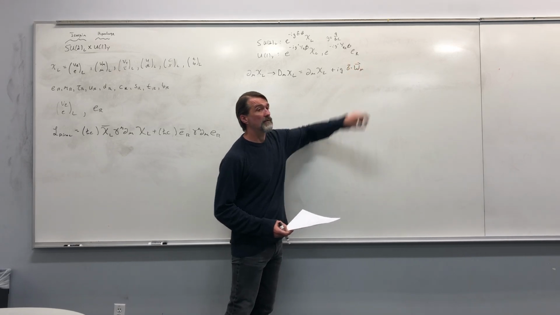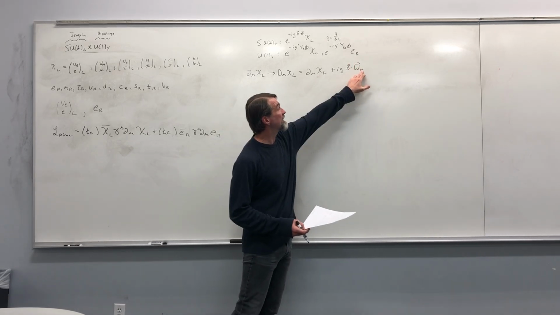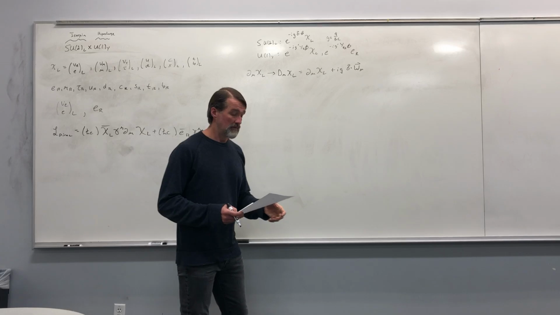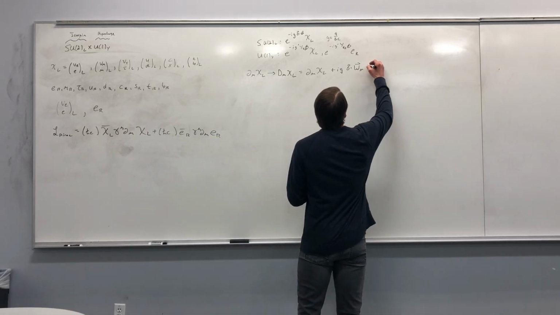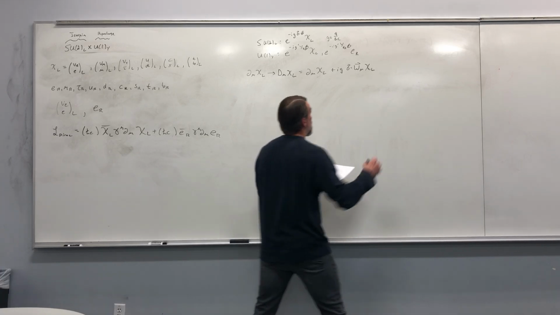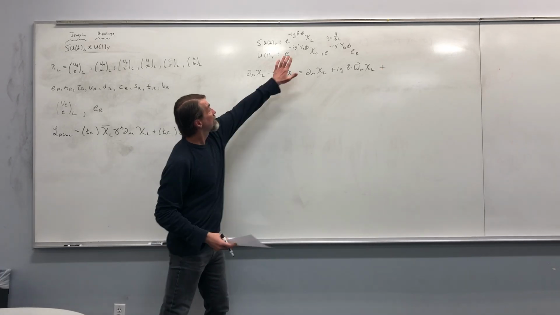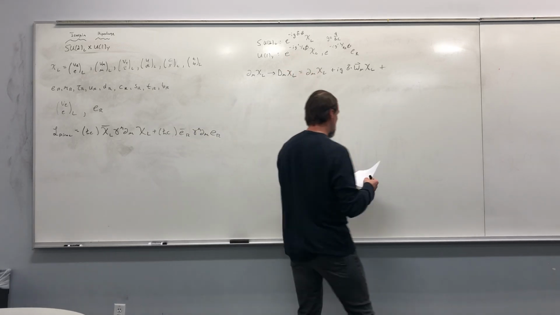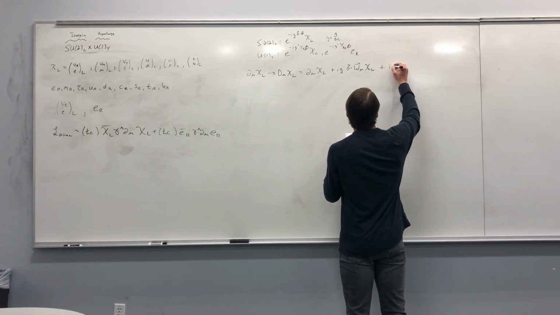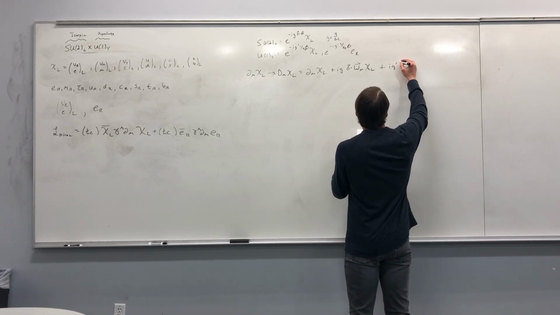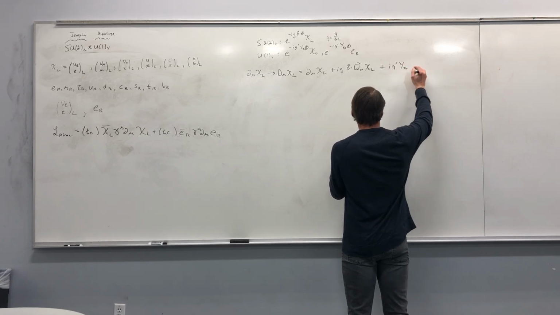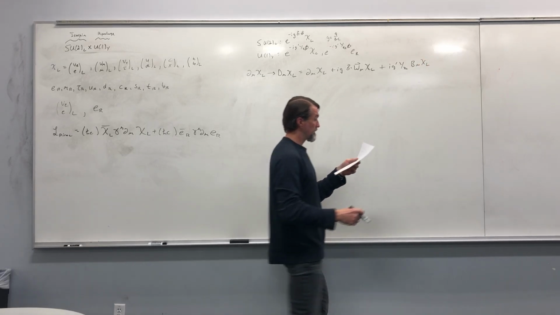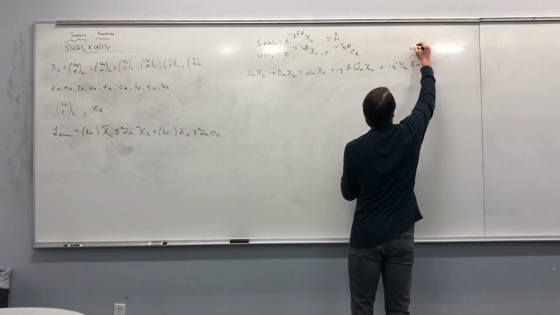That's why it's a little vector. The fact that it's a space-time vector is indicated by this mu. This vector sign just says this has 3 components. Times chi L. And then we also have this impacting the left-hand terms, so we have to include this in our modification of the derivative as well. So this is going to be i g prime y chi L times B mu chi L, where this is just a U1 gauge field.